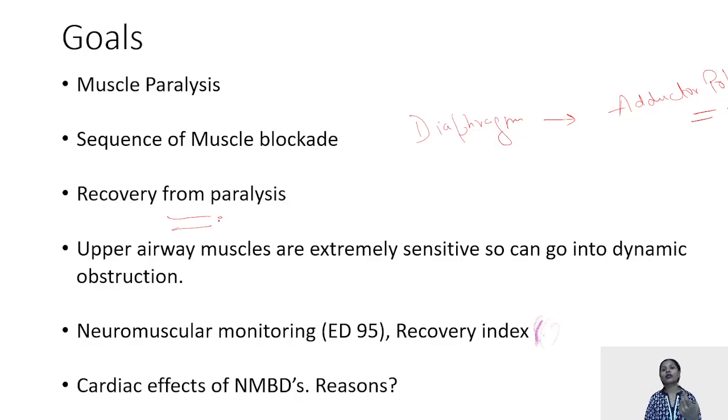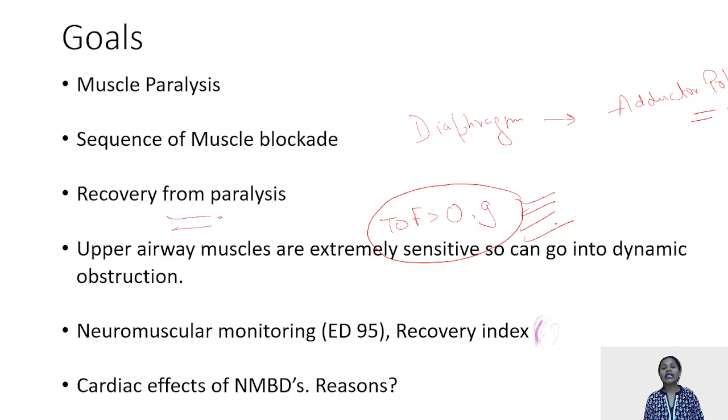That is the main reason it has been made compulsory, as a part of your recovery profile, that your TOF ratio should always be more than 0.9 when you are extubating the patient. Always remember this. This is asked multiple times, that the TOF ratio has to be more than 0.9 so that we can be confident enough that your upper airway muscles have recovered from the paralysis.